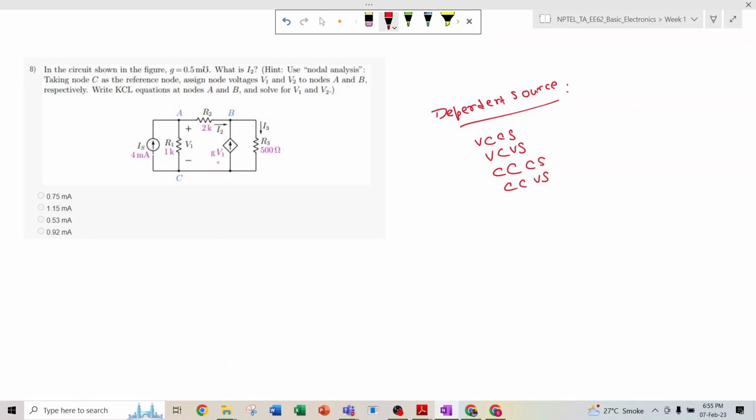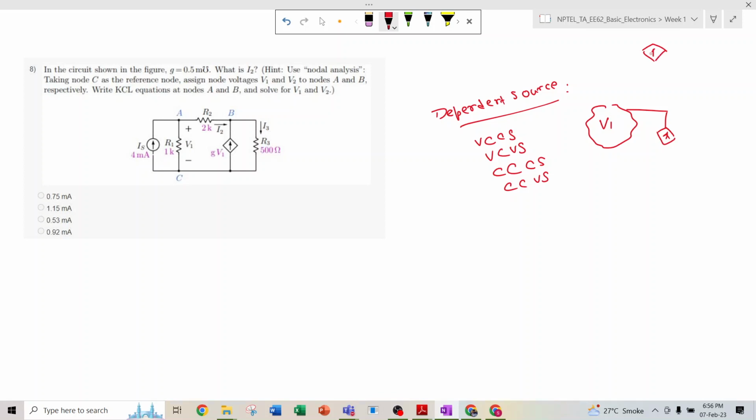So what is the voltage controlled current source? Suppose in the circuit there is one voltage V1. The dependent source is represented using this format.